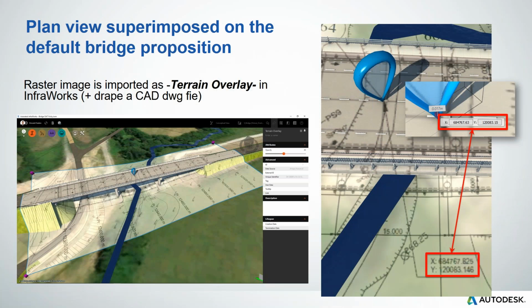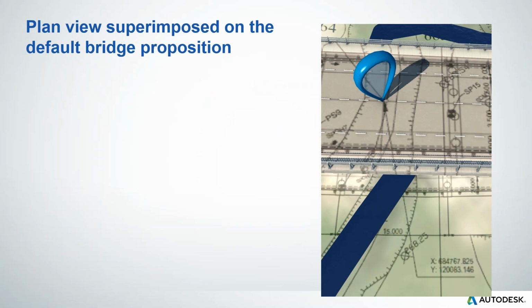I can also bring into Infraworks raster data, from basically any file format, and superimpose it as a terrain overlay. This is the way that we configure it. Or else I can drape an AutoCAD 2D file into my design in order to replicate the existing conditions of a certain bridge, or even start the design process based on that plan view.